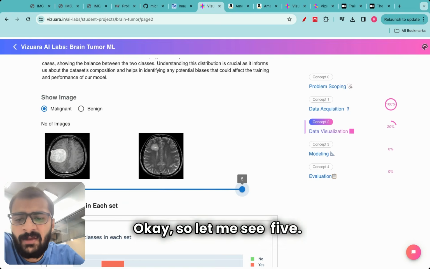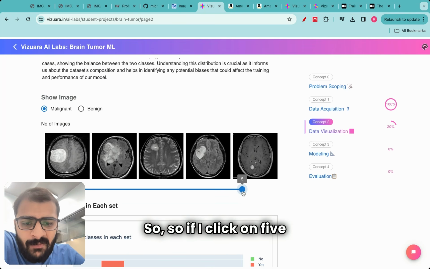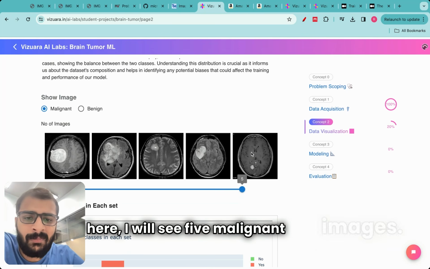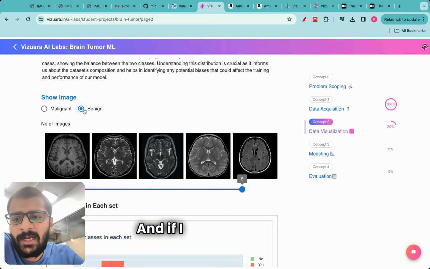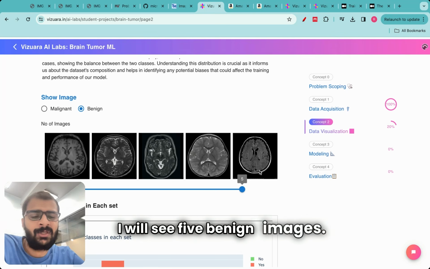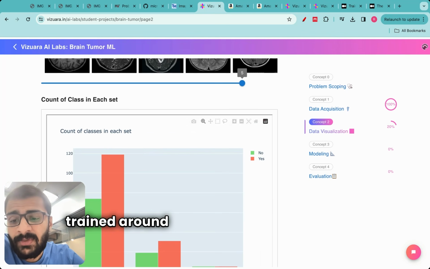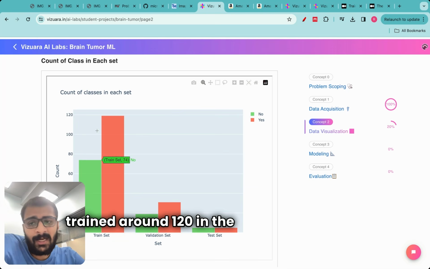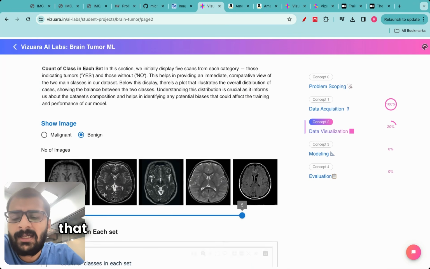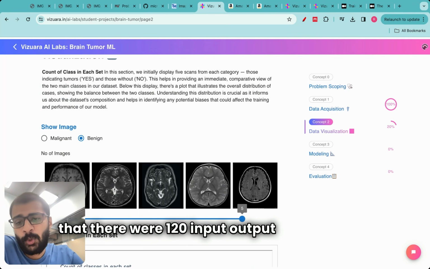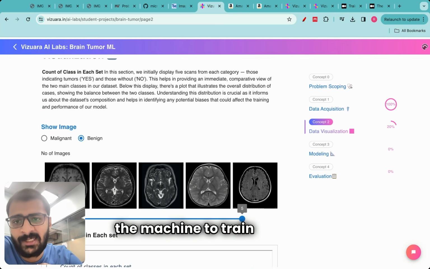Okay, so let me see five. If I click on 5 here, I will see five malignant images, and if I click on benign, I will see five benign images. In this particular project, I noticed that they have trained around 120 in the training set, which means that there were 120 input output pairs given to the machine to train itself on.